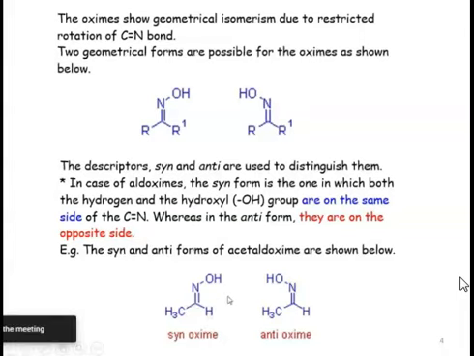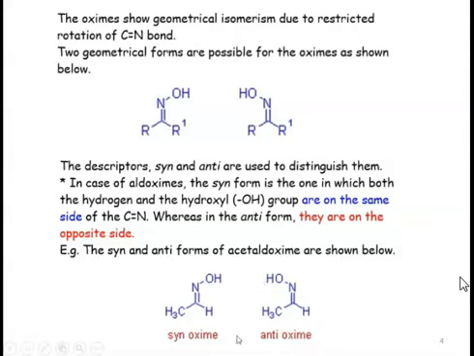Here H and OH lie on the same side. It is denoted as syn oxime. Here H and OH are lying on opposite sides, hence anti-oxime.